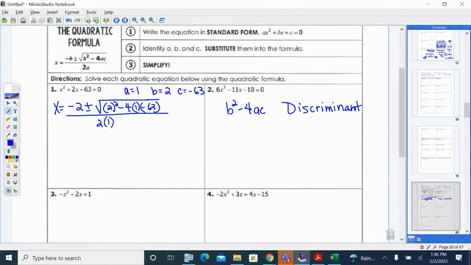If you calculate the discriminant and it is a positive perfect square, then you have 2 real rational solutions.